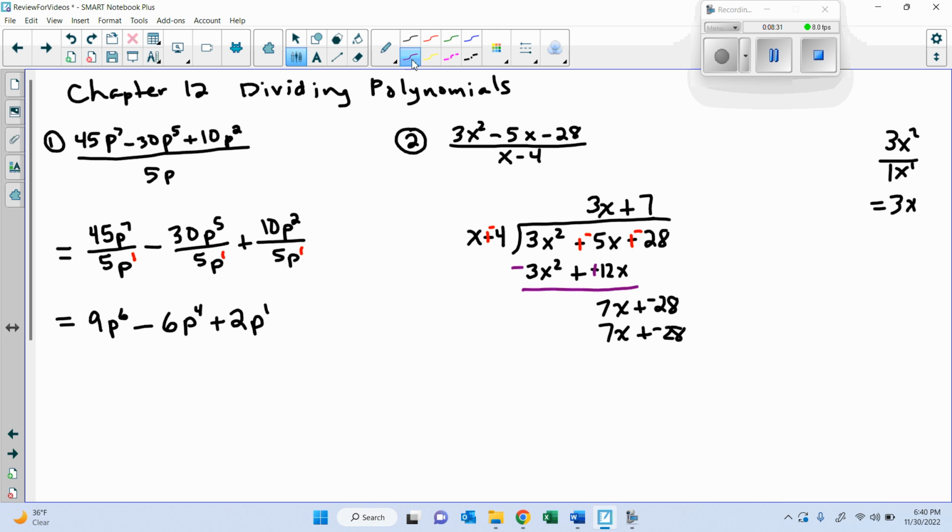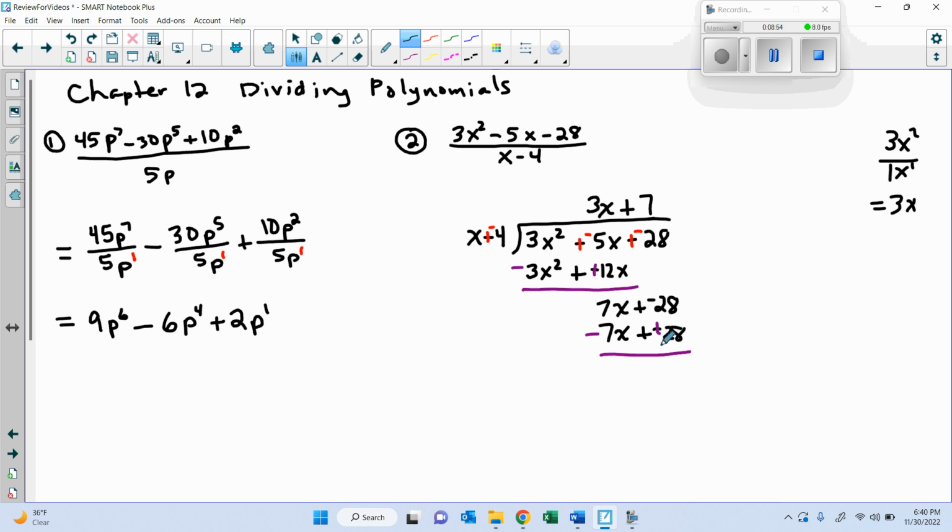And then we're going to use that saying, we need to subtract, but we have to subtract both of them. So we're going to draw the line and change the signs. And now we're just going to add, and we get 7x plus a negative 7x, which is 0. And that had to work out for this one. This one happens to also become a 0.